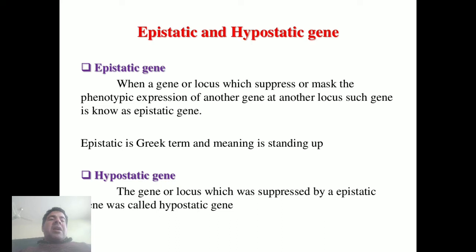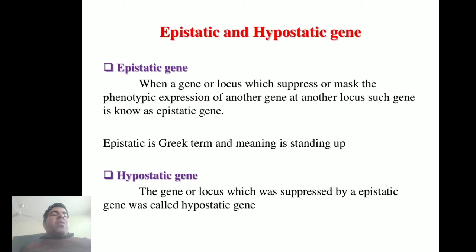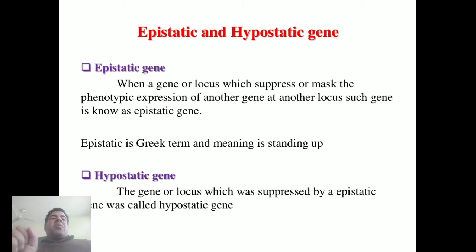Epistatic and hypostatic genes. Epistatic genes: when a gene or locus suppresses or masks the phenotypic expression of another gene at another locus, such type of gene interaction is known as epistatic gene interaction, in which epistatic means suppressing the other gene's expression. It may be present in the same locus or a different locus, but it inhibits or suppresses the activity of the other gene; it masks the other genes.